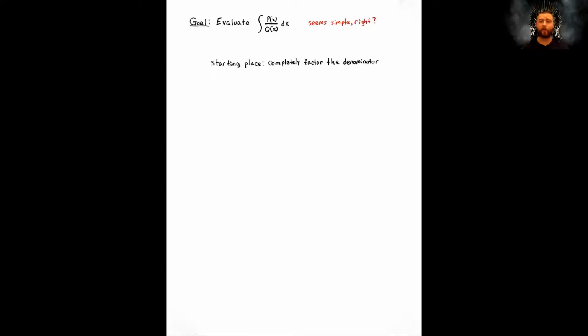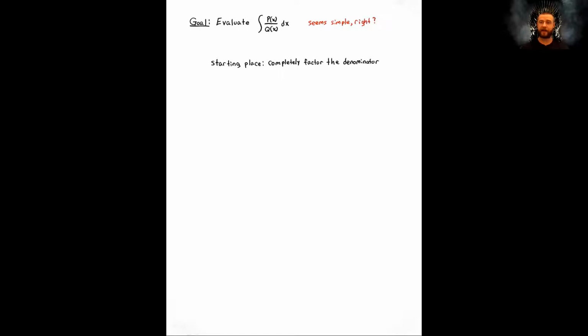Everything we'll learn about partial fraction decomposition in the next few minutes and part 2 and part 3 of this lecture, the starting place pretty much for every integral is to completely factor the denominator. The numerator doesn't really matter so much. Everything related to partial fraction decomposition depends on the factorization of the denominator.